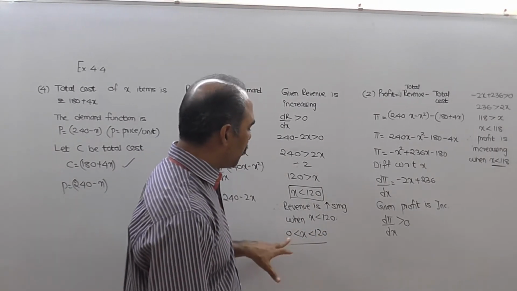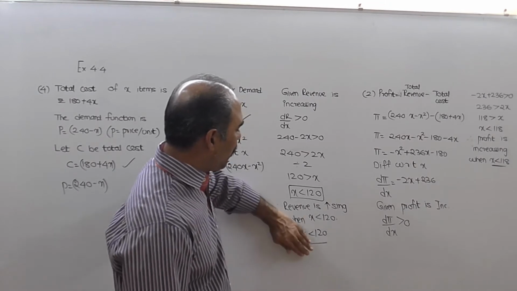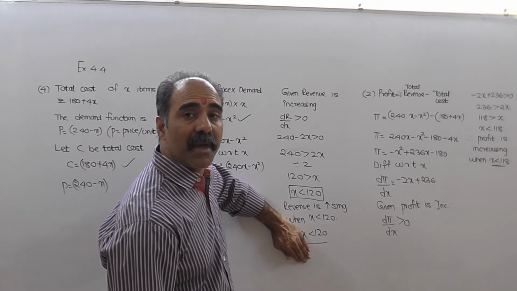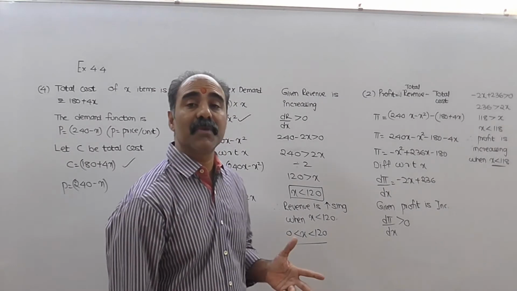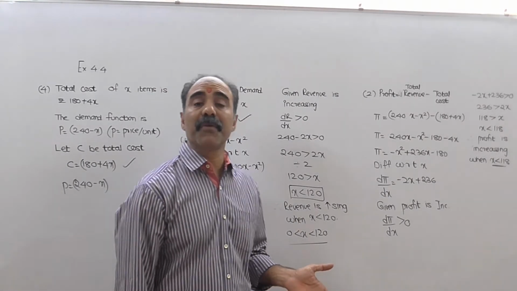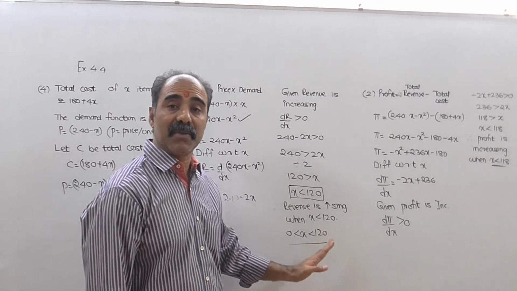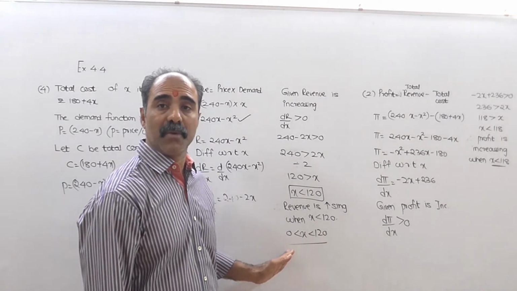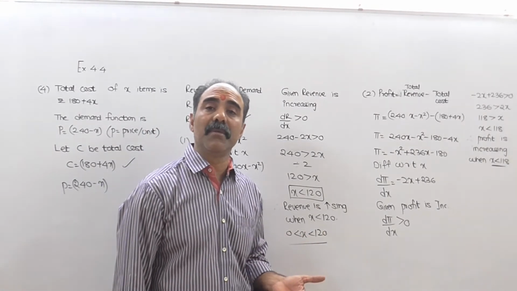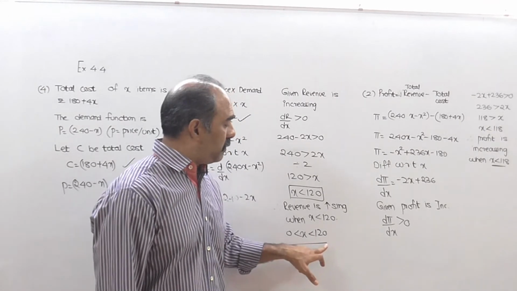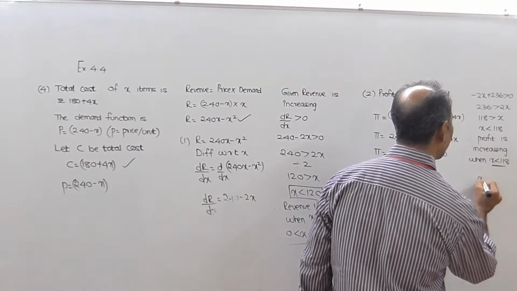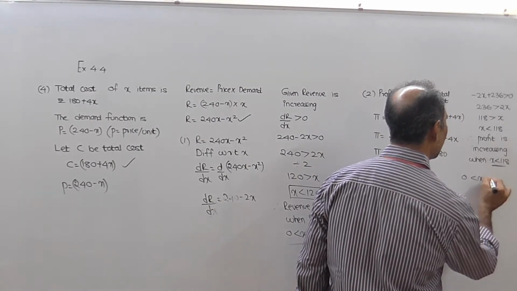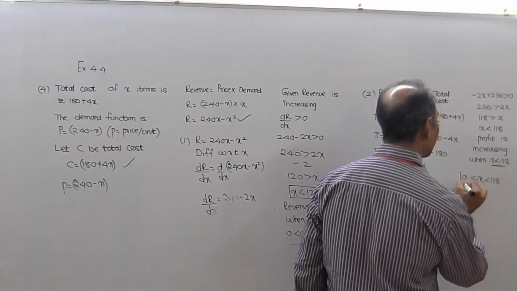There is a reason. x is less than 120 is fine, but if you write x greater than 0 and less than 120, the advantage is that x stands for the number of units. So the number of units cannot be negative, so x will be more than 0, meaning positive, and less than 120. Same way you can write here, x is greater than 0, less than 118.